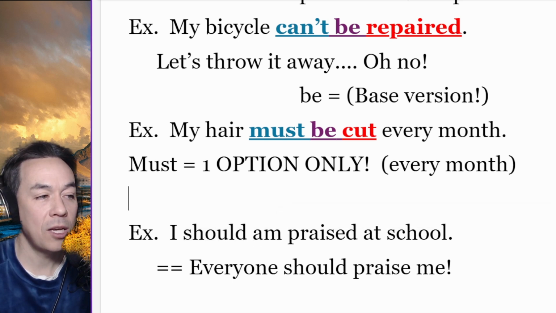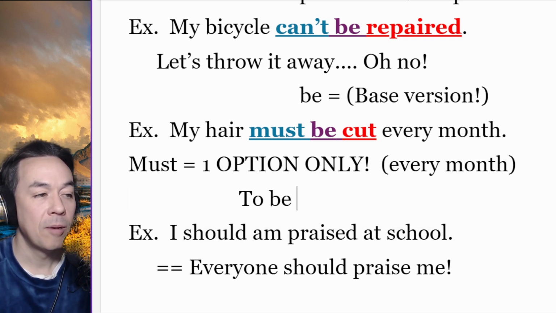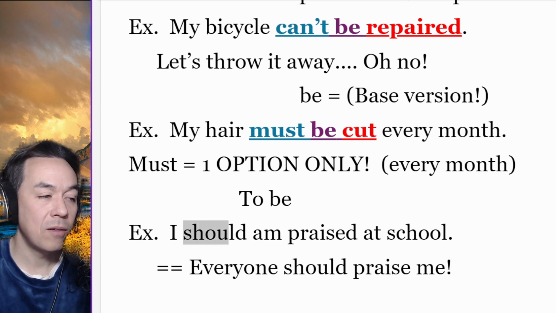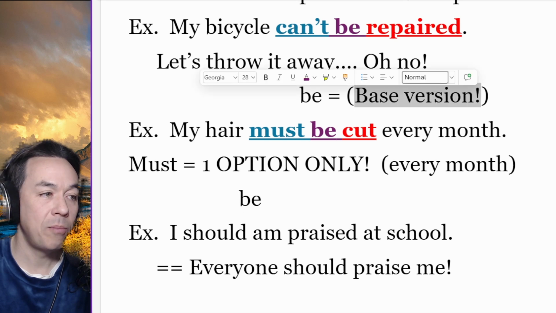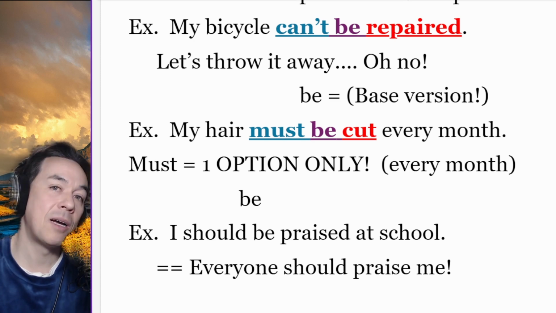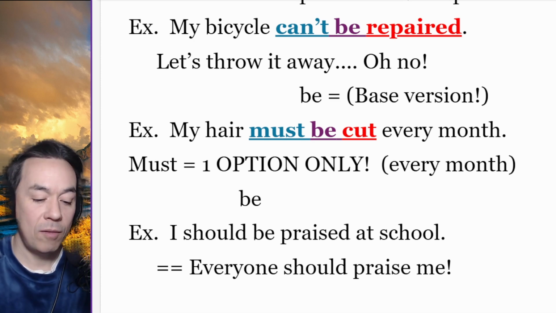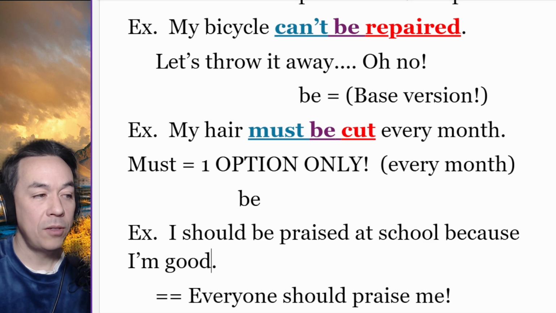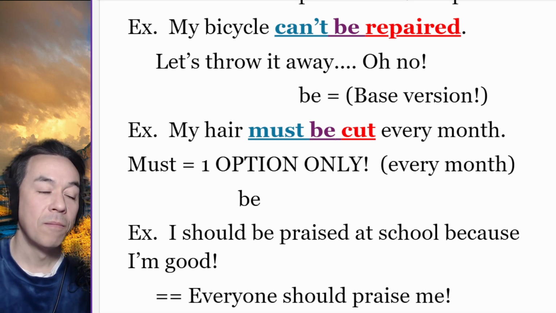So, but we'll say should, then the effect. This is also the same verb, this is to be, but the power of the auxiliary verb or the verb helper changes this to the base style, the base version here, right? Be, put that in. I should be praised at school. I'm commenting because I'm good, for example.